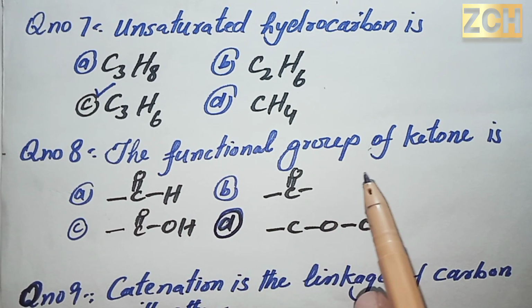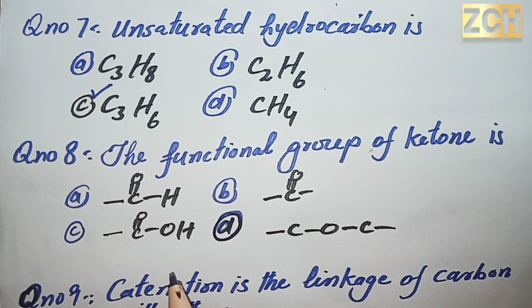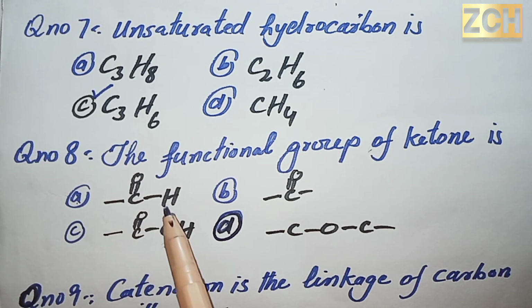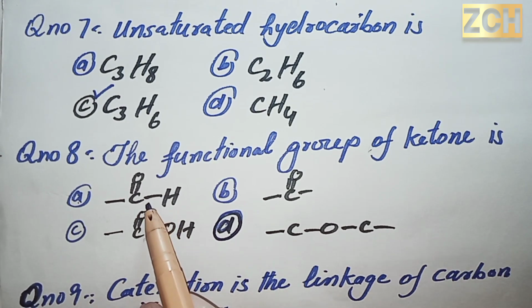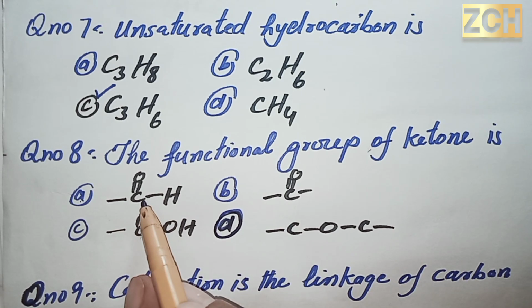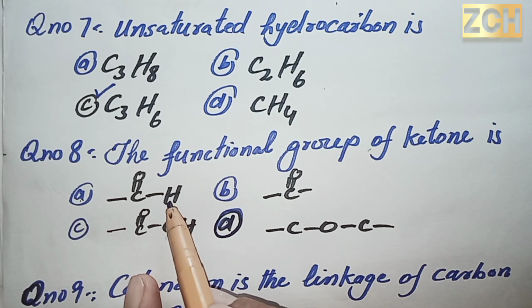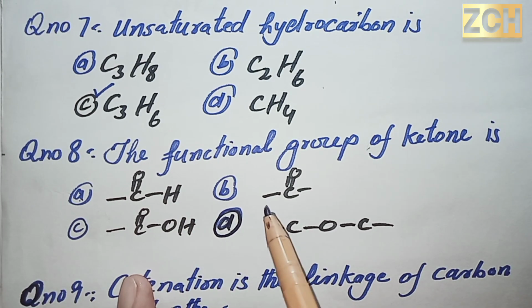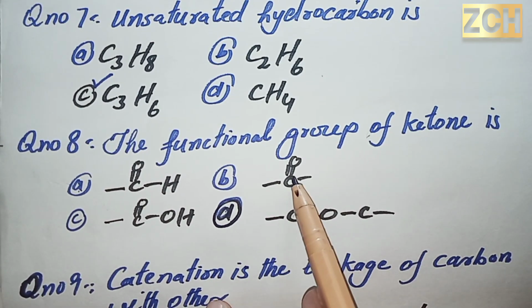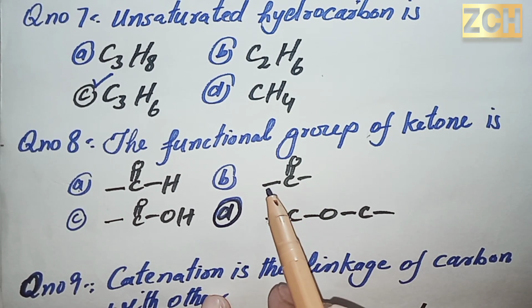Next question. The functional group of ketone is. Here A is the aldehyde group, in which the carbonyl group is attached directly to at least one hydrogen atom. Similarly, in option B, the carbonyl group has two sides vacant for any alkyl group.